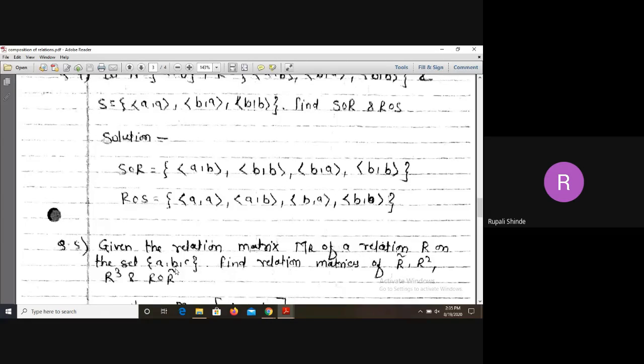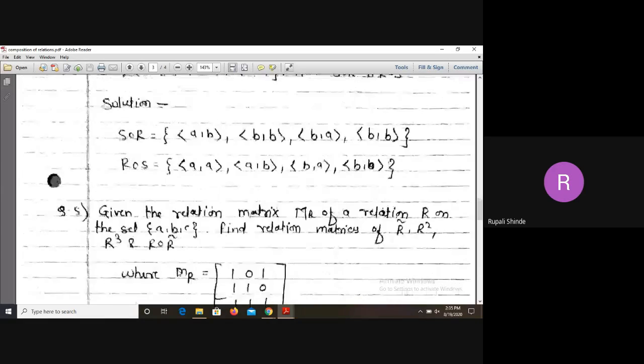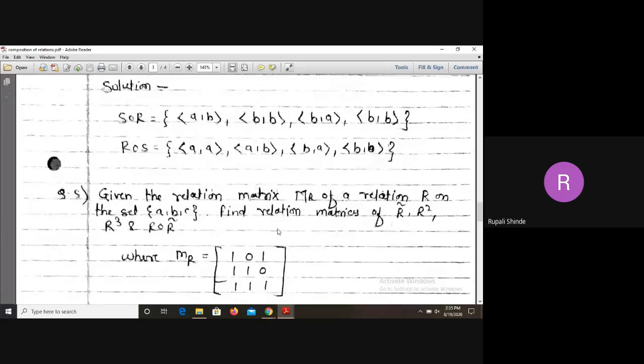First of all you have to find the matrix for R converse. So what would be the first row for R converse?